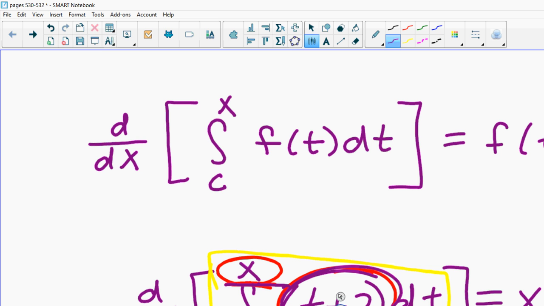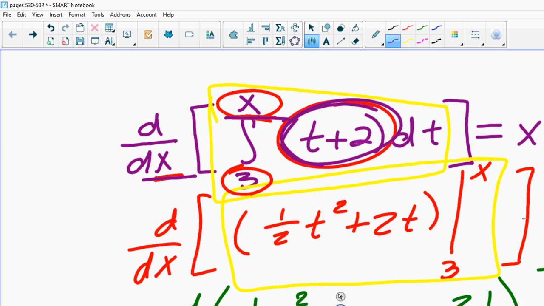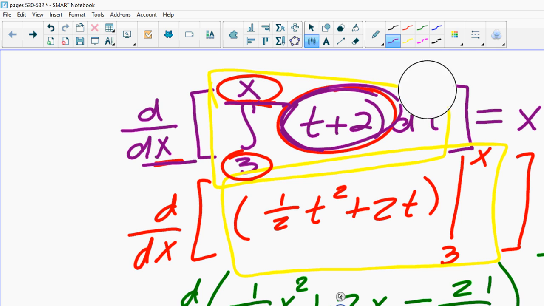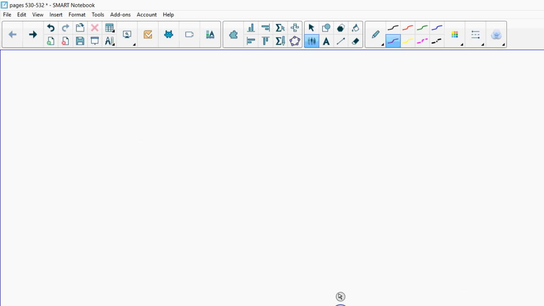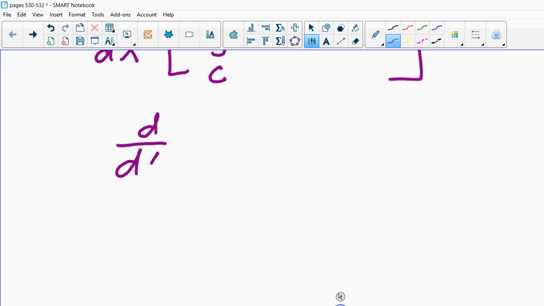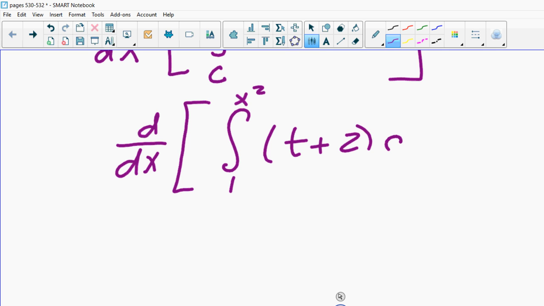Now I'm going to throw one little spin on this. We're going to use the same integrand, meaning we're going to integrate the same thing, but we're going to do it from 3, and it doesn't have to be 3, it can be whatever I want, 1 to x squared of t plus 2 dt.